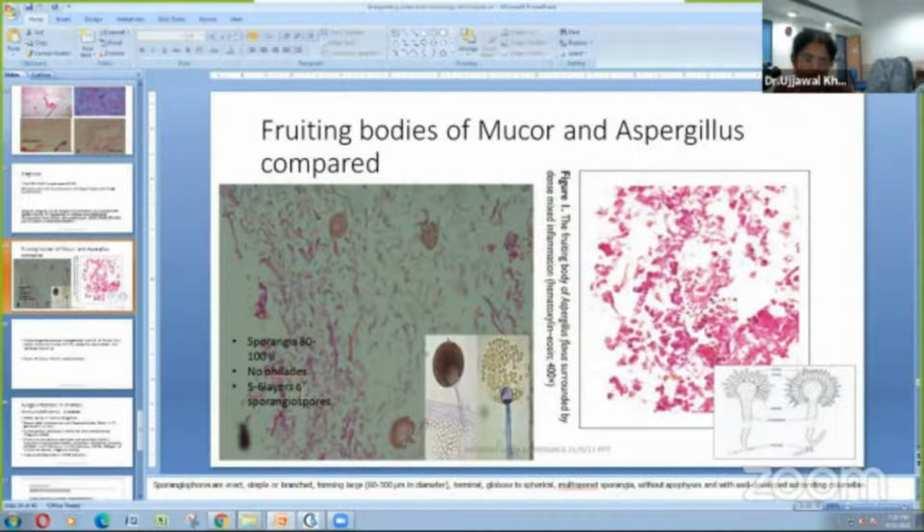So key points to remember: think fungus in patients with compromised immunity. Samples should also reach the microbiology department.